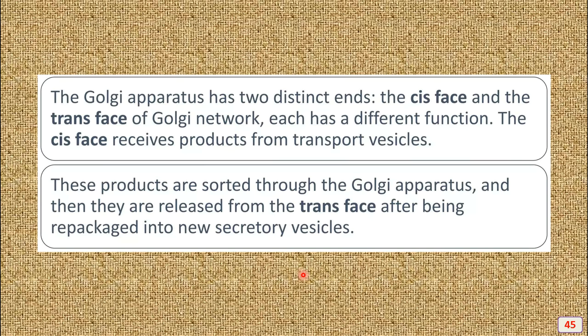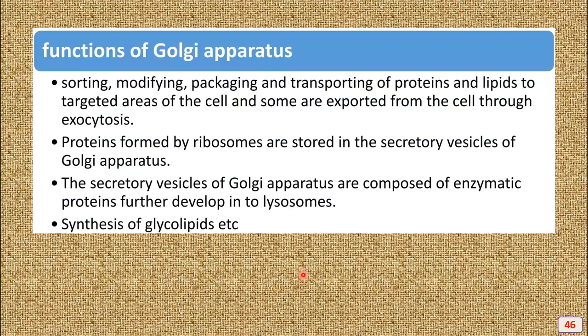The Golgi apparatus has two distinct ends, classified as the cis face of the Golgi apparatus, number one, then the trans face of the Golgi network.